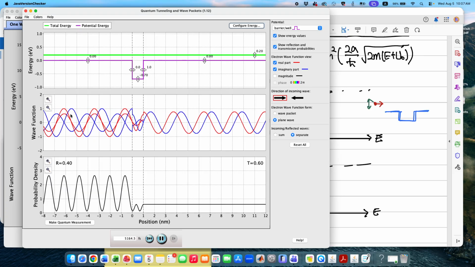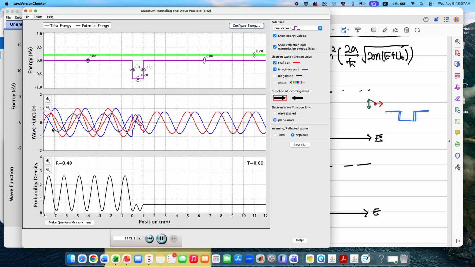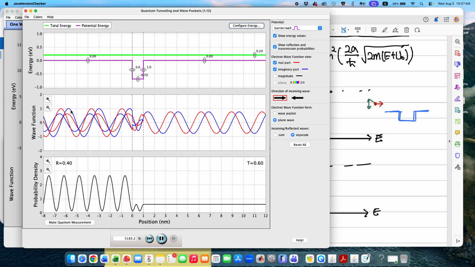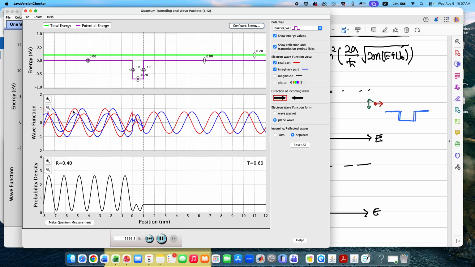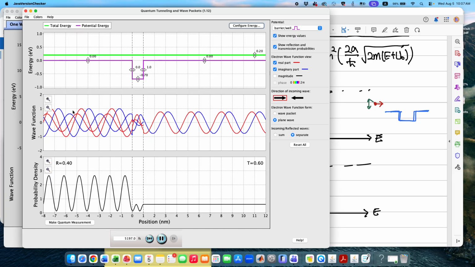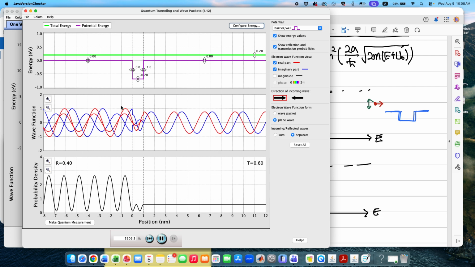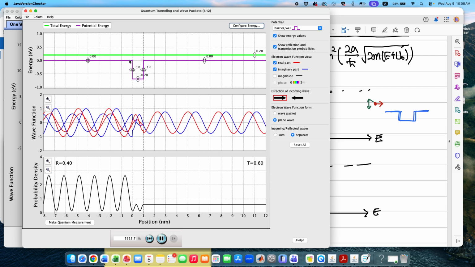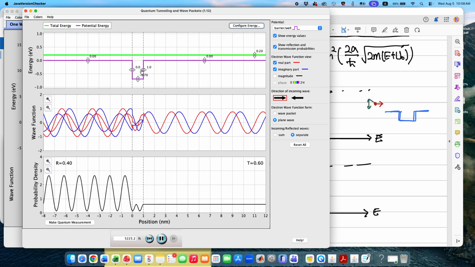If you look at this wave function, this basically shows you how the wave is traveling, or how the wave is sent, okay? So this red and blue moving from left to the right, that is essentially the wave being sent from the left. And then there is the barrier, the energy difference here and the energy difference here.